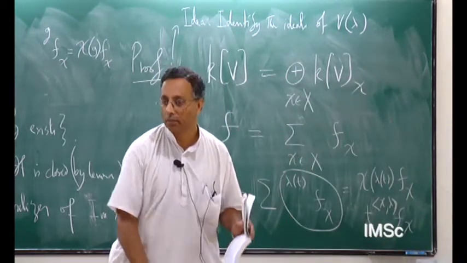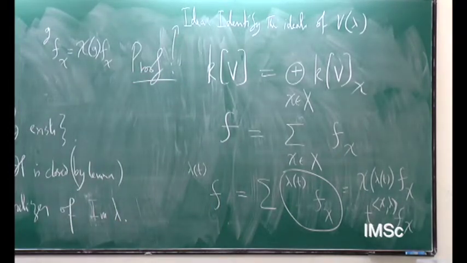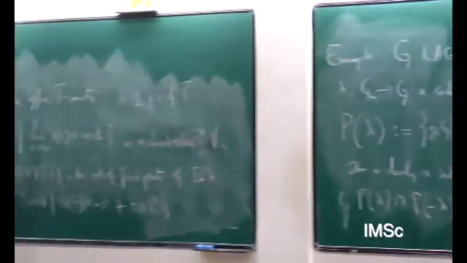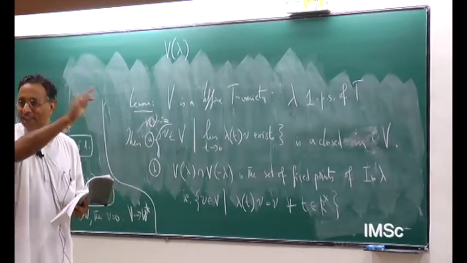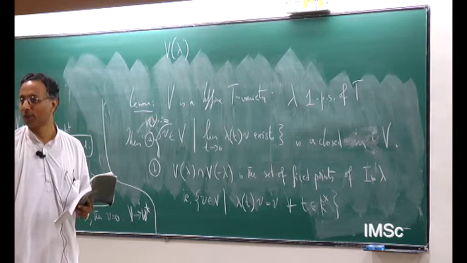Correct? So finally, V lambda, therefore, is the one line that's written. Now why exactly is that? That is for us to check.